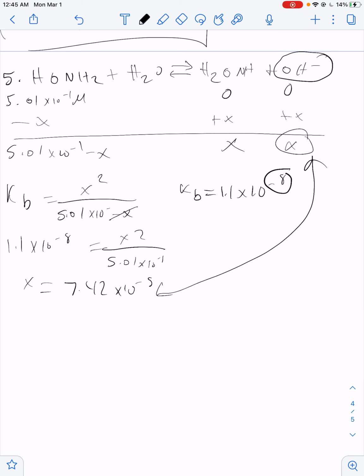Now we have to find pH. Since we have concentration of OH minus, first we have to find pOH. pH can only be calculated from H3O plus.